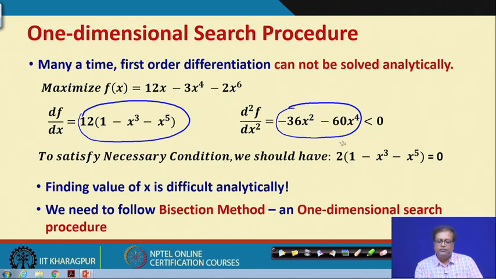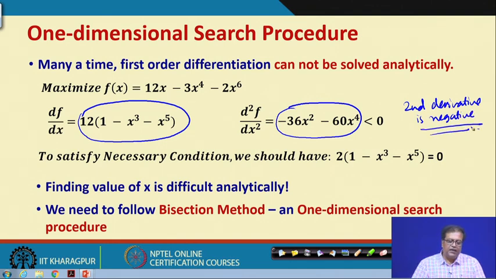So, the whole total must be negative. So, that means the second derivative is negative. So, it is conclusively seen that the second derivative is negative. So, we have no problem here, but what about the first derivative?